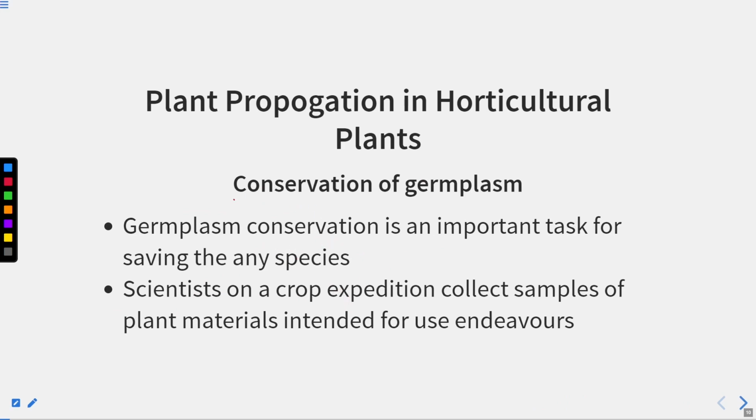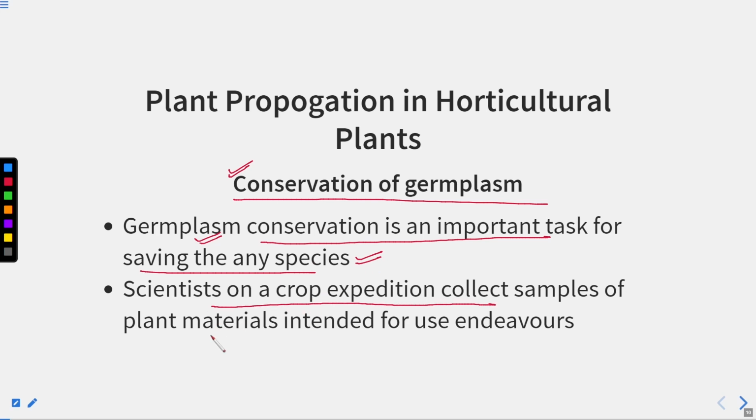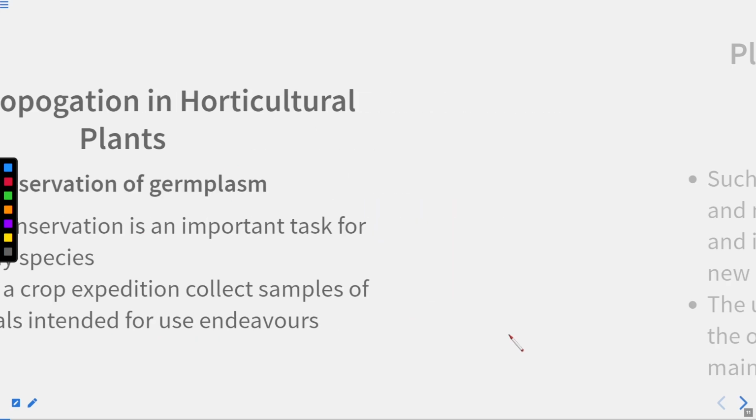So conservation of germplasm. Let us shed light on this particular term. Germplasm conservation is an important task for saving any species. Very, very important. To save any species, we must conserve its germplasm. Scientists on a crop expedition collect samples of plant material intended for use in endeavors.